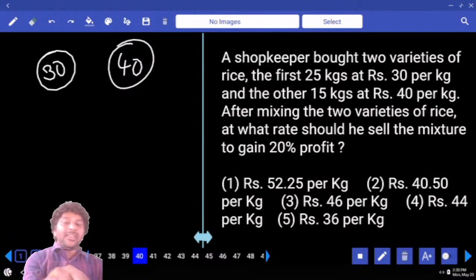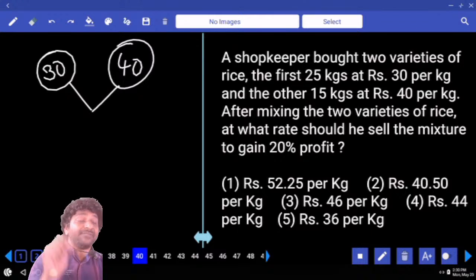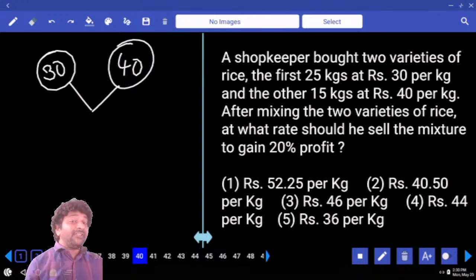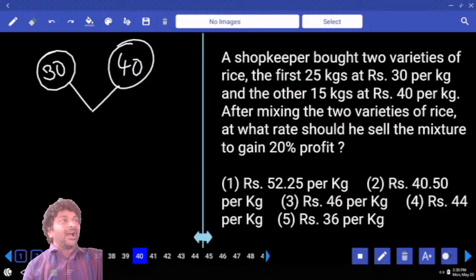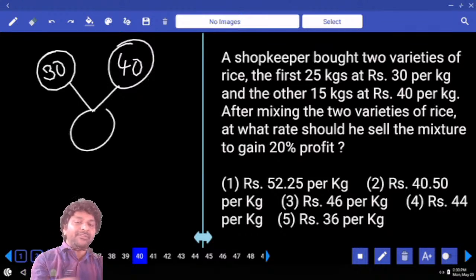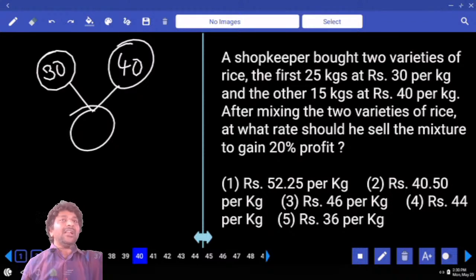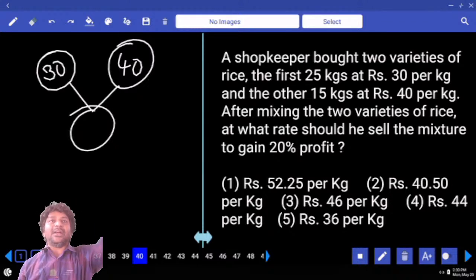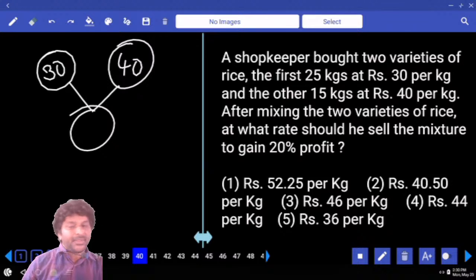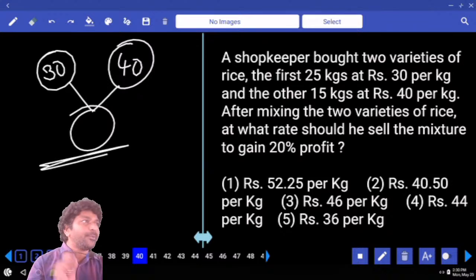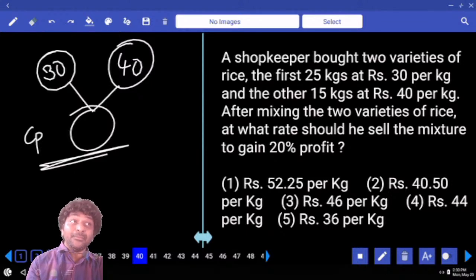Then the cost price of the mixture will be more than 30 and less than 40. It should be in between these two numbers. Agreed? Greater than the least value and less than the highest value. Right. So now you know this point. What is going to be the cost price of the mixture?